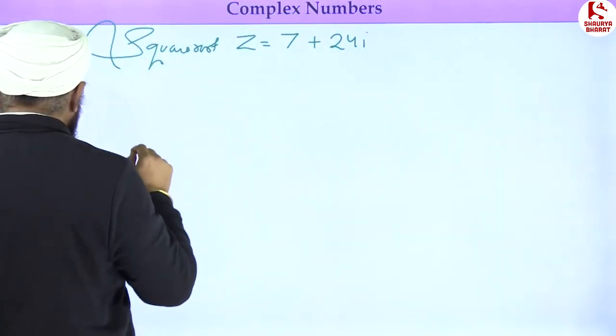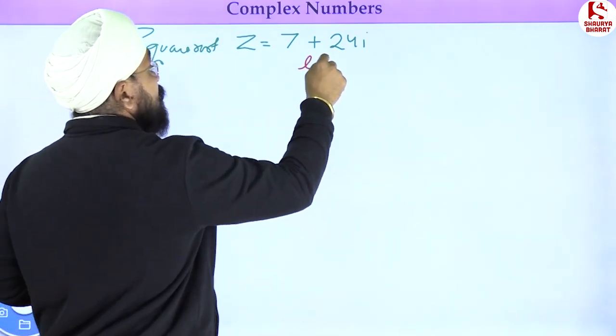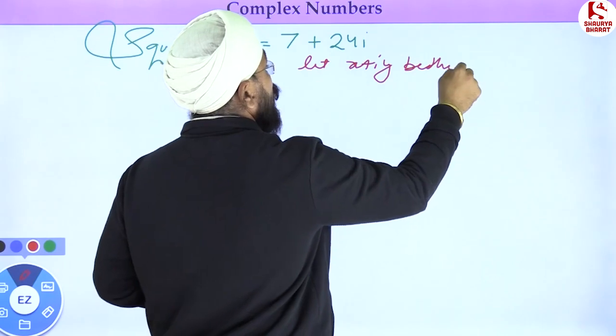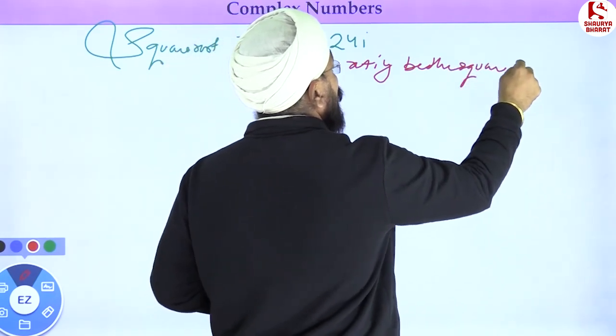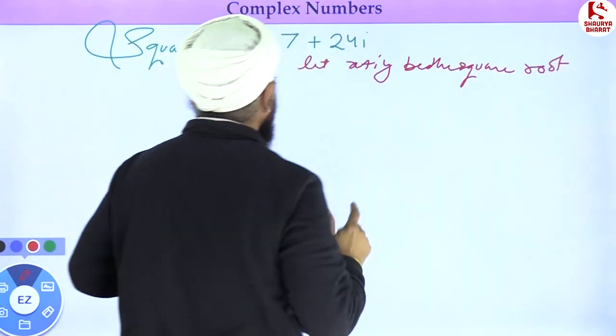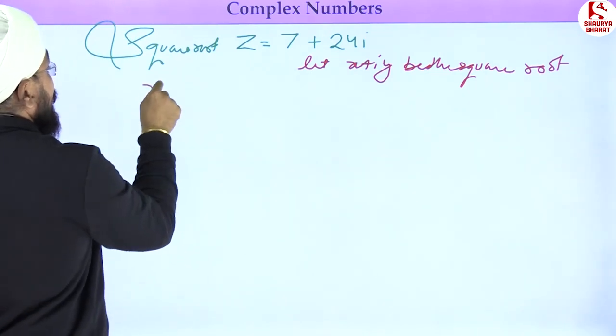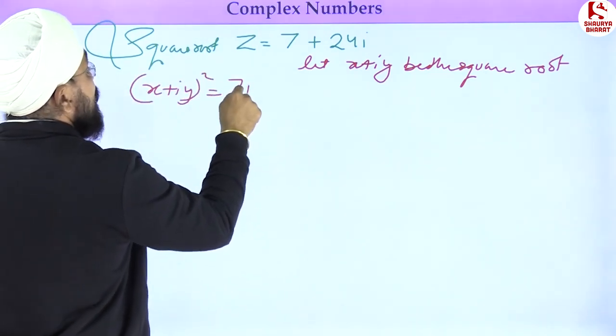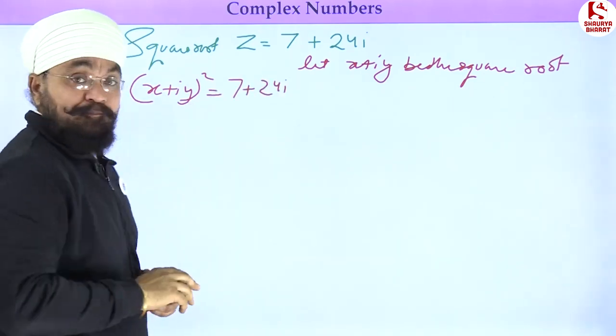So let x plus iota y be the square root. Then the square of this one should be equal to 7 plus 24 iota.